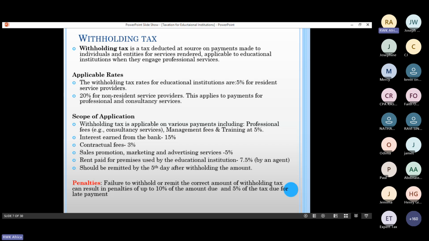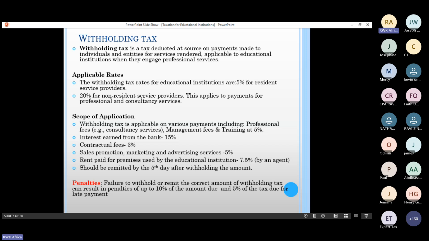The bank will withhold 15% of that income earned, and you are expected to pay 15% to KRA on that interest earned. So the withholding for the interest is 15%. Out of that interest that you have earned, you will find that 15% has been deducted by the bank, and they will remit that to KRA.